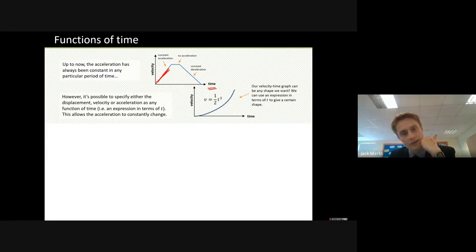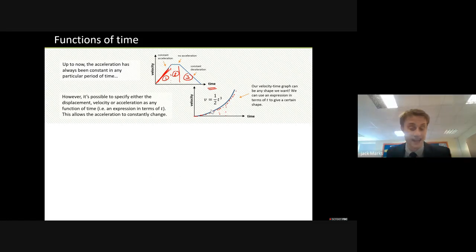So look, for each section here, 1 and 2 and 3, they had their fixed acceleration, constant acceleration. For something like this, though, it's variable. Every different moment of time here has a different velocity. So it's accelerating because it's going up, but it's accelerating in a different way at those points.